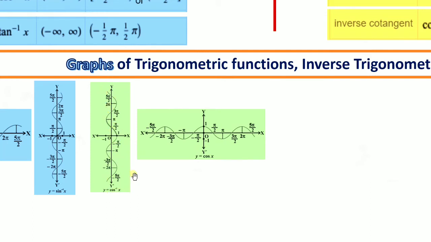This is the graph of y is equal to cos inverse x. You should have this. I kept these two together so that you have a clear-cut idea about how to plot and how the inverse trigonometric functions as well as general trigonometric functions behave.